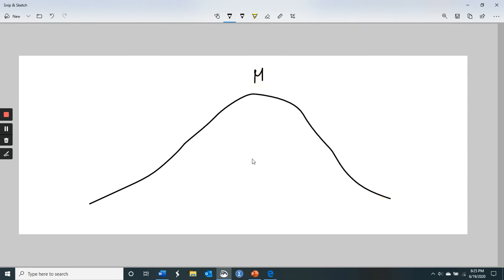And in essence, what we're saying is that the population value is 39,000. So that's stated in the H0.